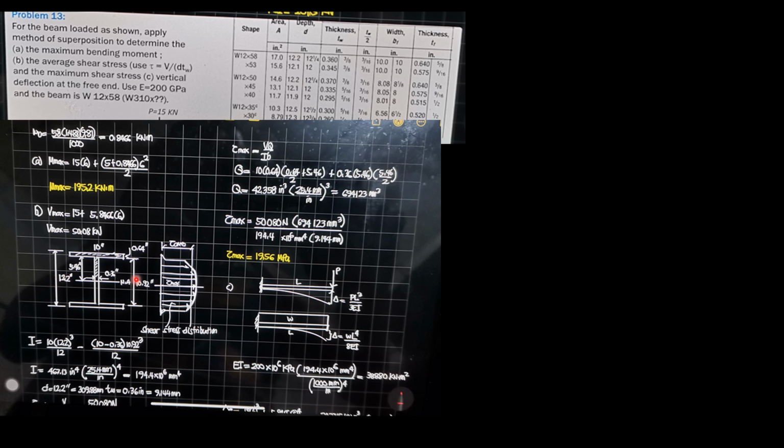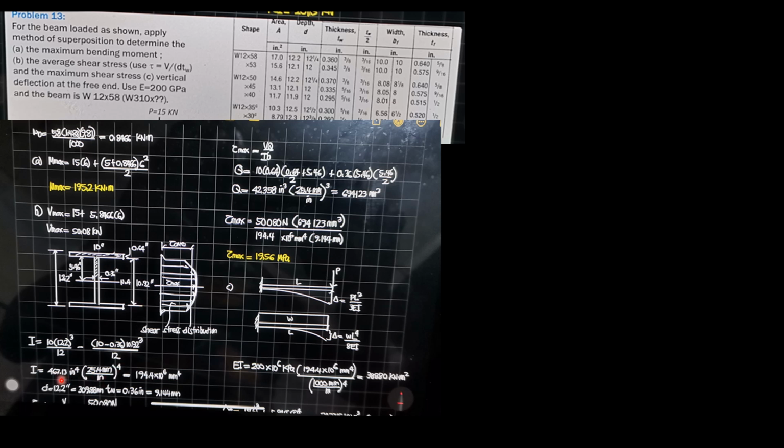The neutral axes of the two rectangles lie on the same neutral axis as this wide flange. So for the big rectangle, B times 12.2 cubed over 12. Then for these two rectangles combined, 10 minus 0.36, the height is 10.92 cubed over 12.